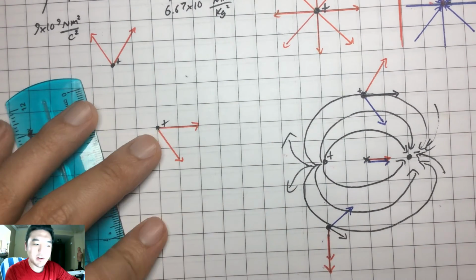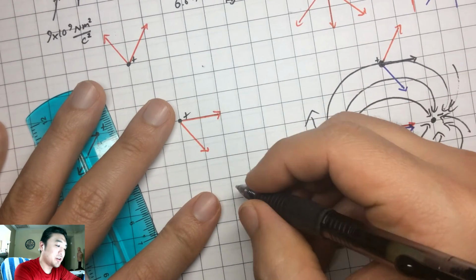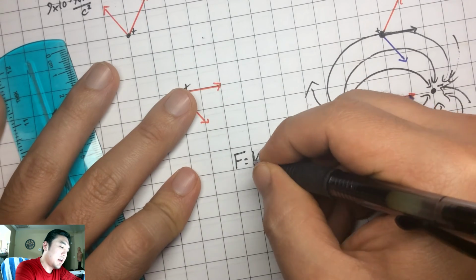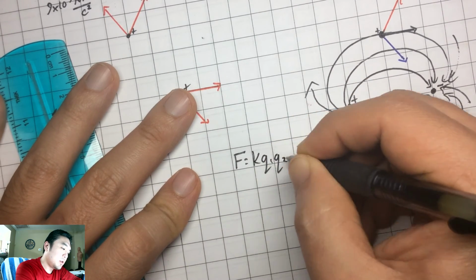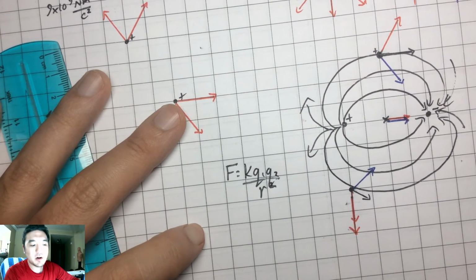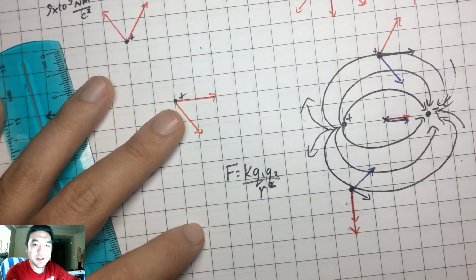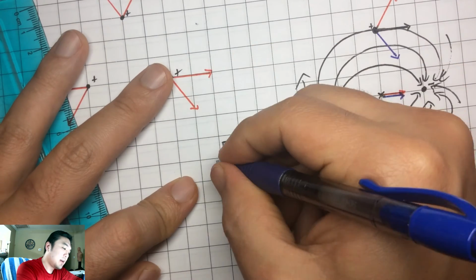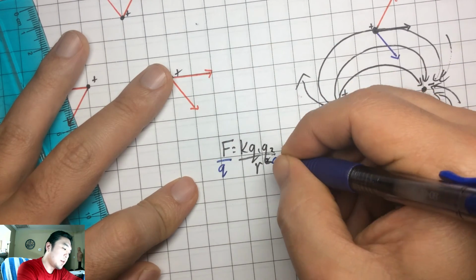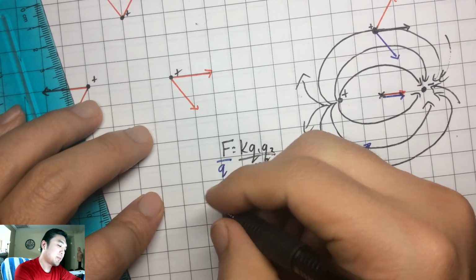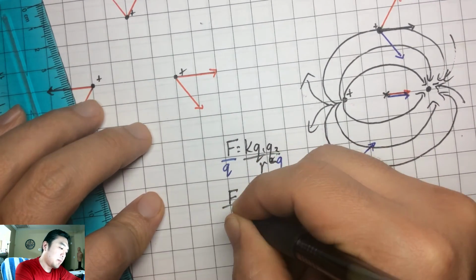So if we wanted to calculate what the field strength was at any location, we would take our equation, Coulomb's Law, kq1q2 over r squared. That would give us the force on a charge that we would place somewhere. Now let's divide by the charge that we place at that location. So if I take F and divide it by q on both sides, what we get is F divided by q.